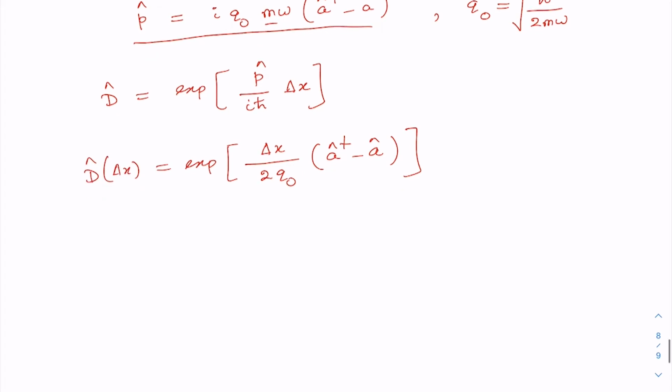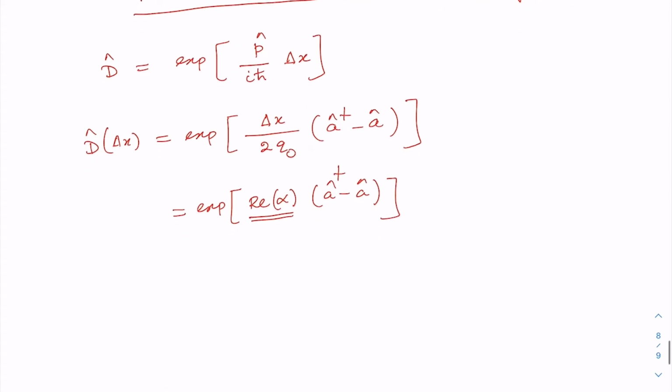Or you can just write it as, later on I will show, exponential of the real part of alpha times (a† minus a). I will come to this particular point, what I am saying as the real part.